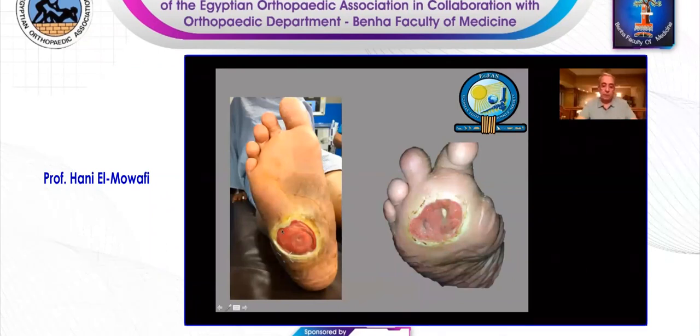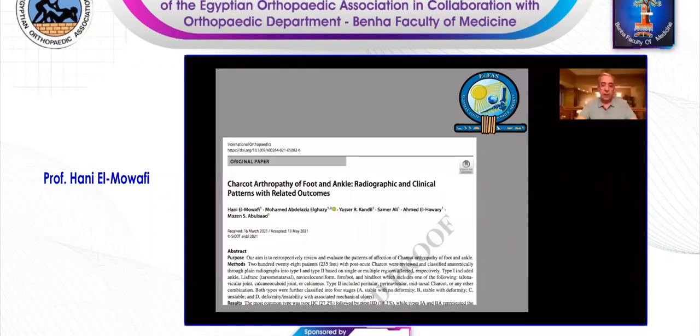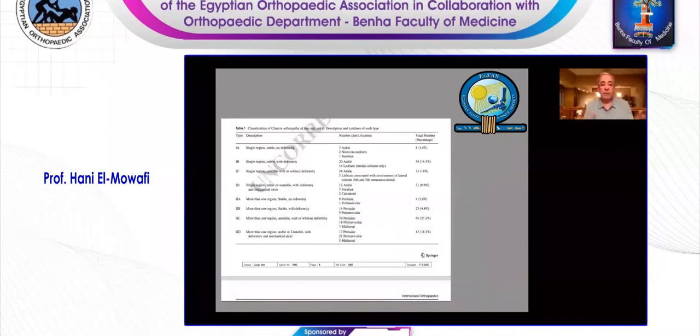Before we speak about this ulcer, in our foot and ankle unit we have our own classification, which will be published in the International Orthopaedics journal and will be available online next week. It is on Charcot arthropathy of the foot and ankle, radiographic and clinical pattern with related outcomes. It is an easy classification with two types.